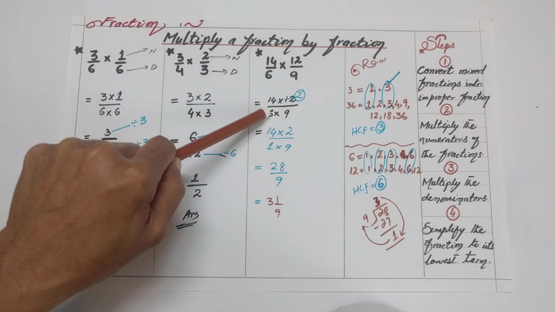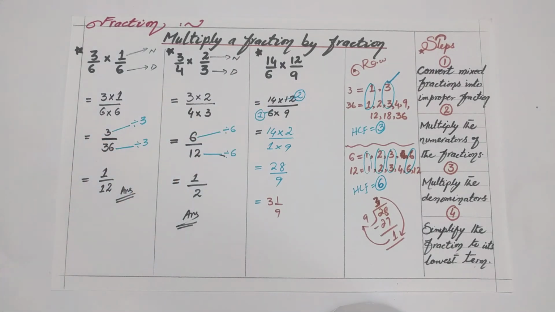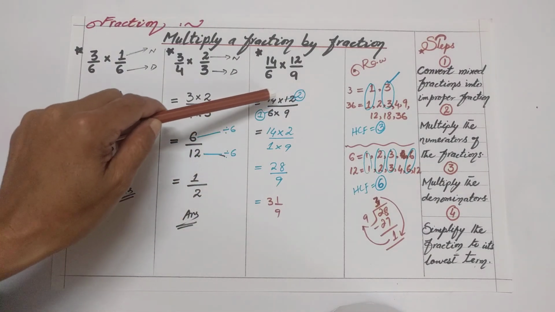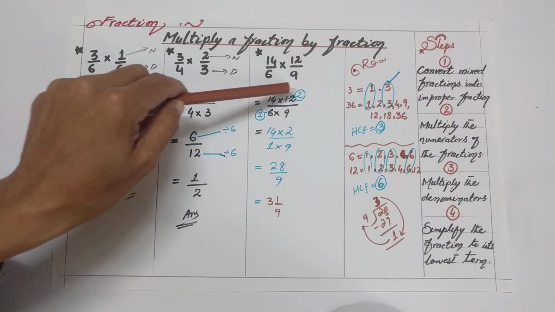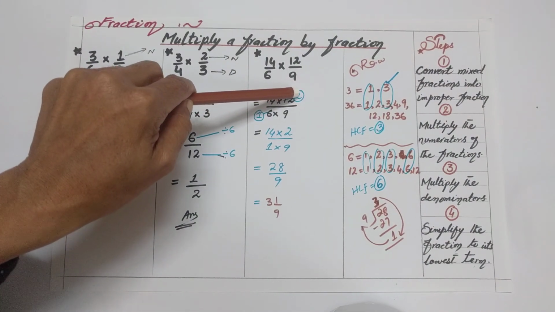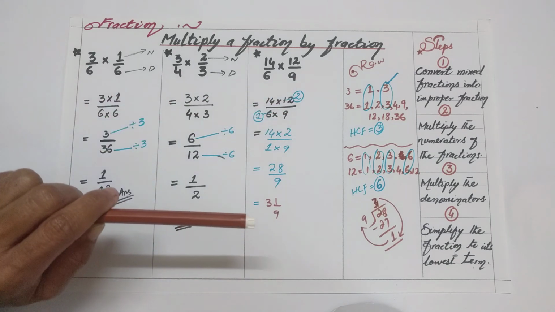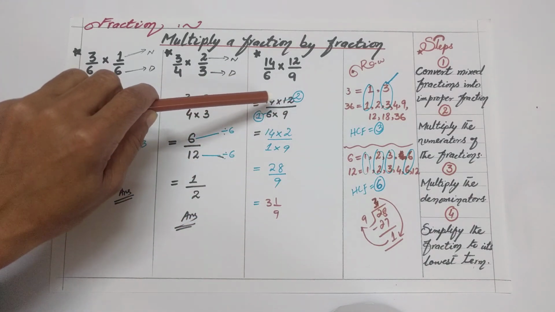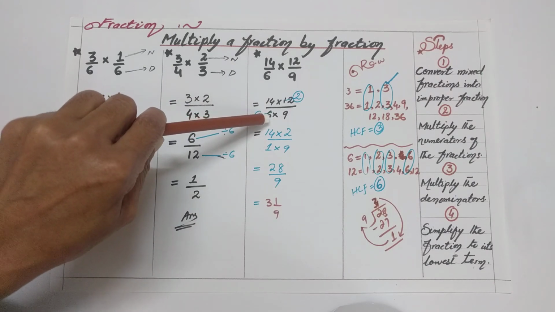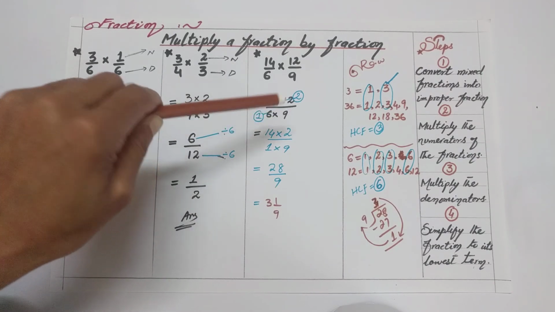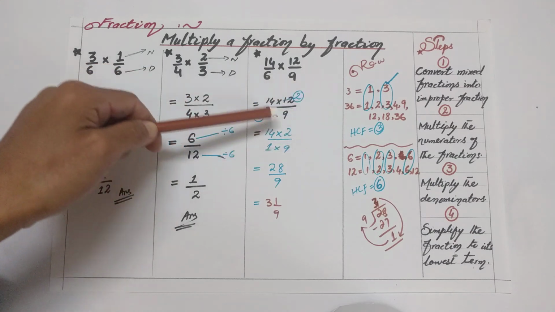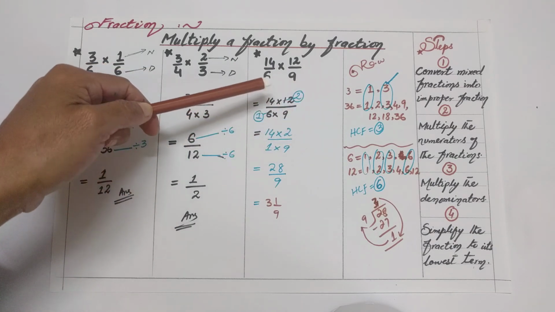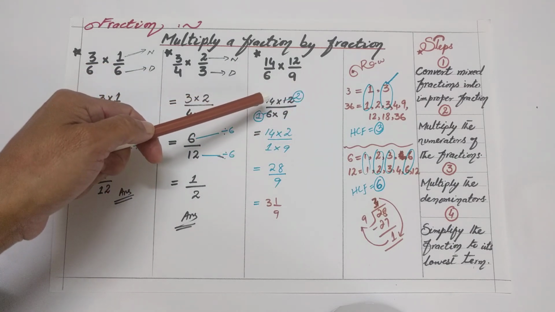But just keep it in your mind that you cannot use the common factor for the numerator by the numerator, denominator by the denominator. You have to check the common factor of the numerator by the denominator, okay, and then it's the option for you.